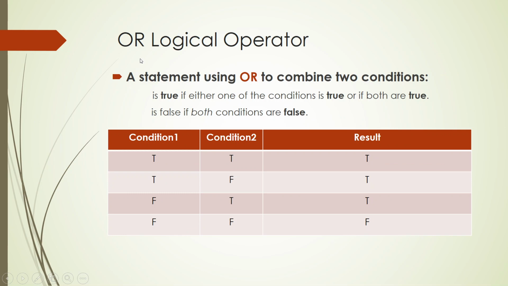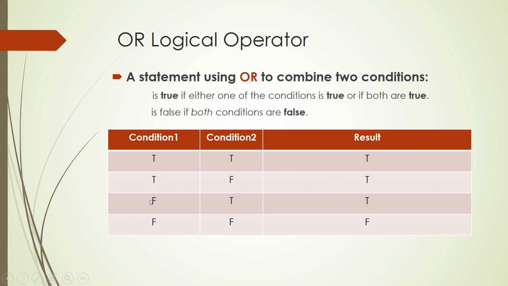The logical OR operator is also used to compare two logical statements, and each logical statement can only return true or false. If condition 1 is true or condition 2 is true, my end result is true. If condition 1 is true or condition 2 is false, my end result is true.